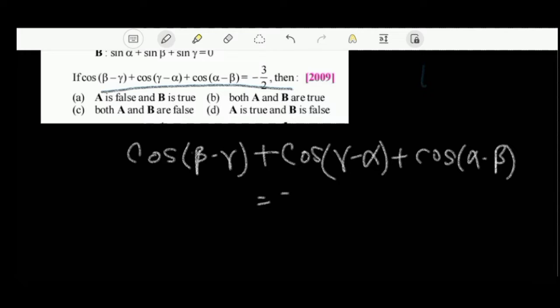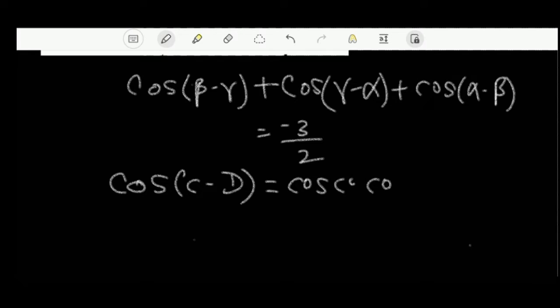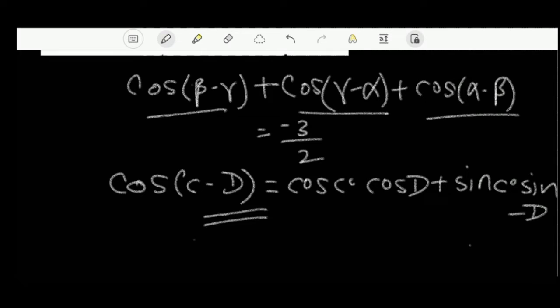minus 3 by 2. And since we know the formula of cos(C minus D), which is equal to cos C multiplied by cos D plus sine of C multiplied by sine of D, we can simply expand all three terms by the formula.